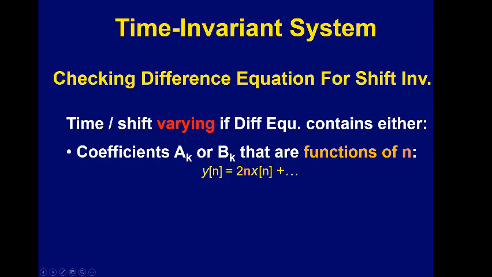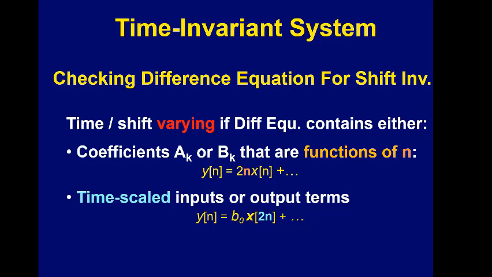So that's one that's going to behave differently depending on what index you're starting your new input at. Turns out we also can run into trouble if we have time-scaled inputs or outputs. If we have x of 2n, or if we have compressions or expansion going on, that's a system that's also time varying.